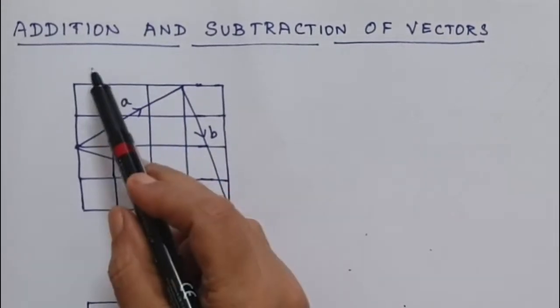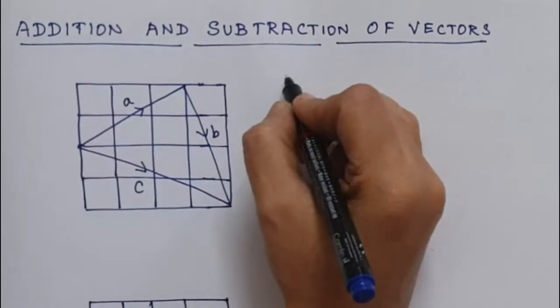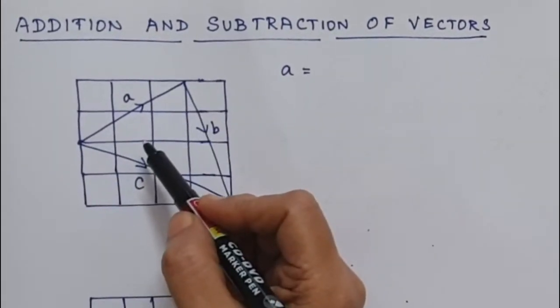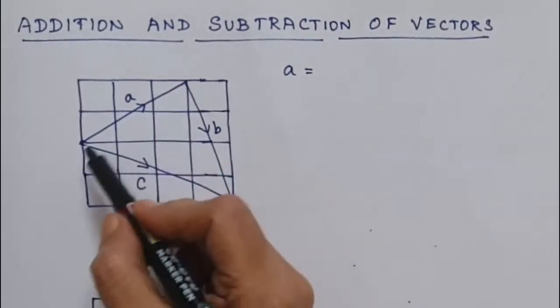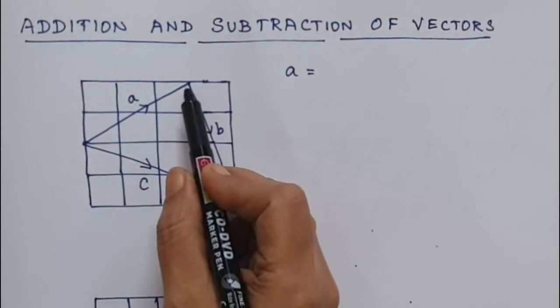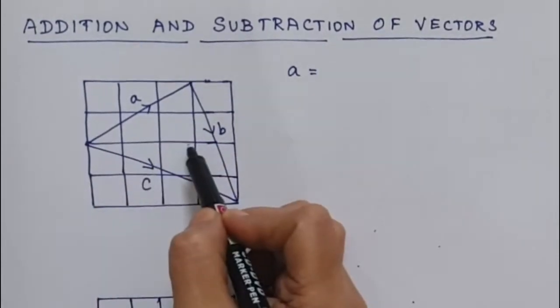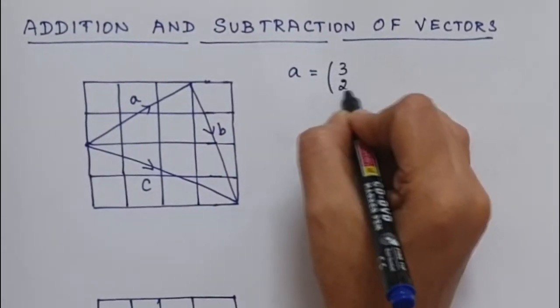Now the next one, addition and subtraction of vectors. First, let us write out the vector A. When the vectors are not on the coordinate grid, we depend on the arrows to write out the vector. So for our vector, this is our starting point and this is our final point. So it will be right 3 and up 2.